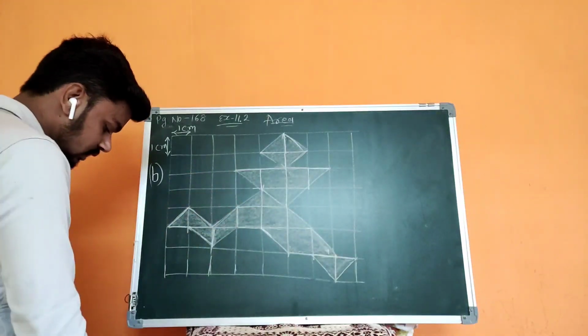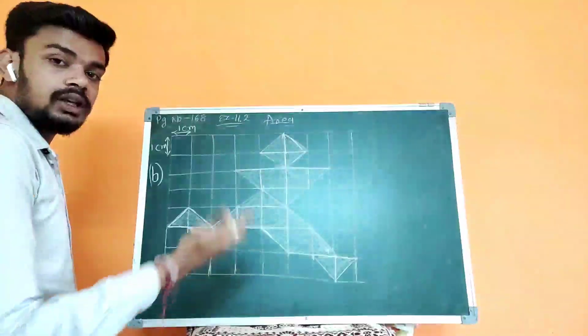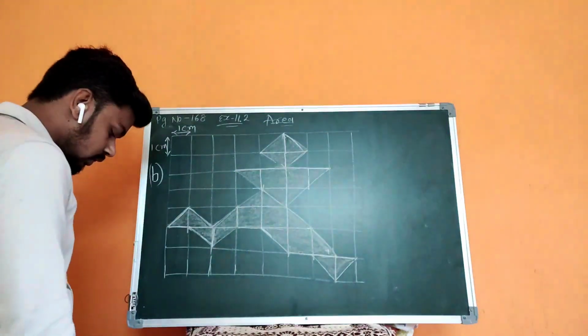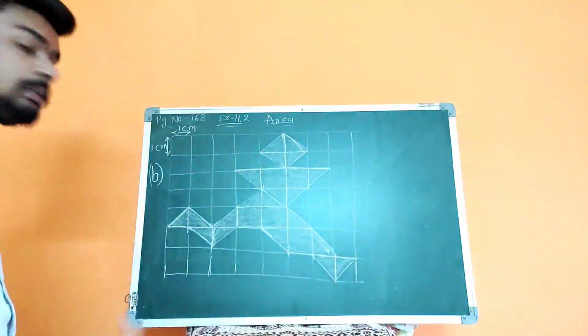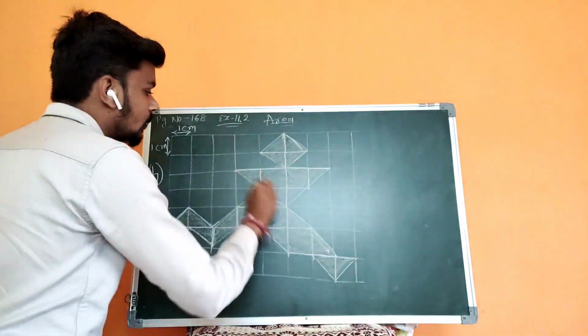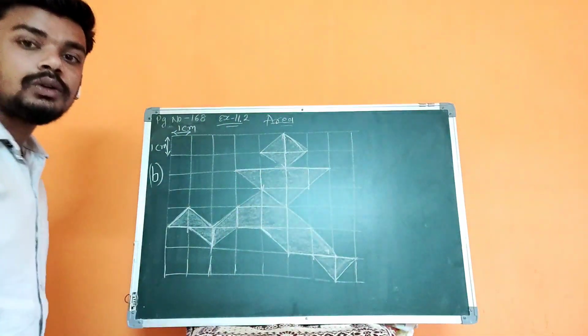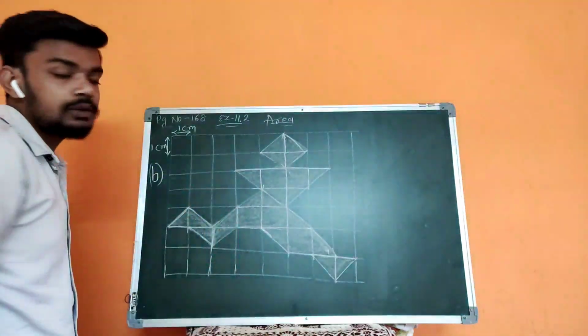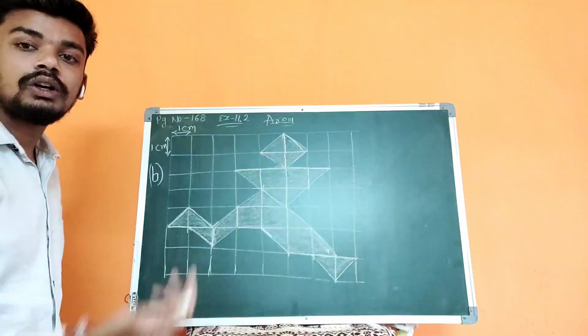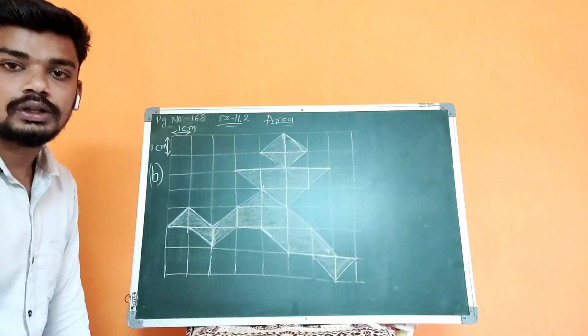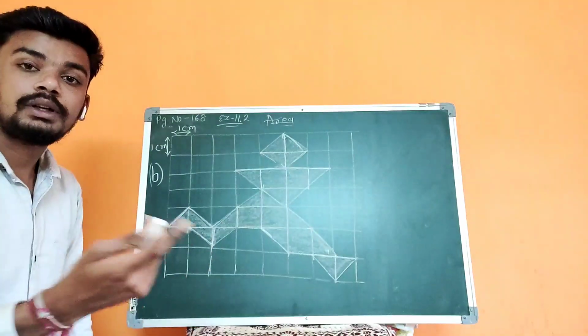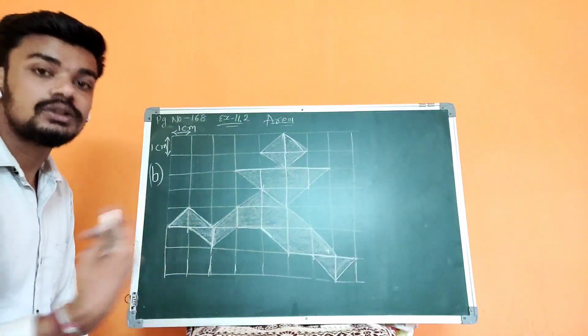For question A, you again have to do it in the homework. I am doing question B. We know that for a full square, the area is 1 unit, whatever the unit, 1 square unit.